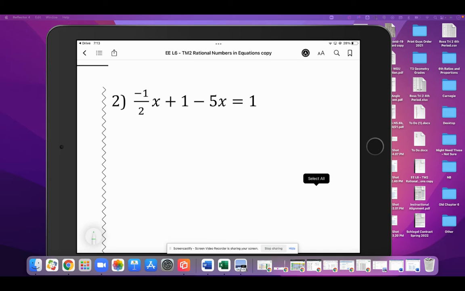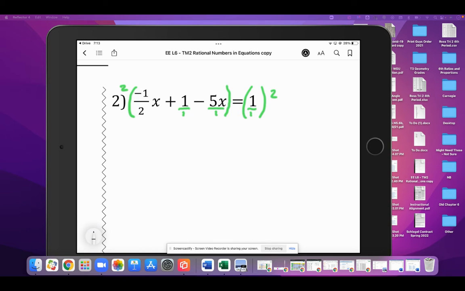And so again, to start with, it's sort of easier for me to think of all of these whole numbers as being over 1. And this does not have to be the least common denominator. We'll talk about that probably in the next example, but I just need a common denominator. I need a number that all those denominators go into. And I can see that all those denominators go into 2. So I'm going to multiply both sides of this equation by 2.